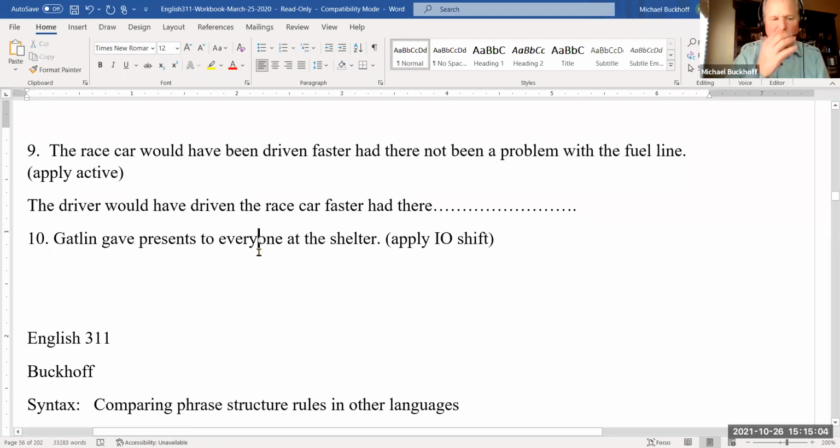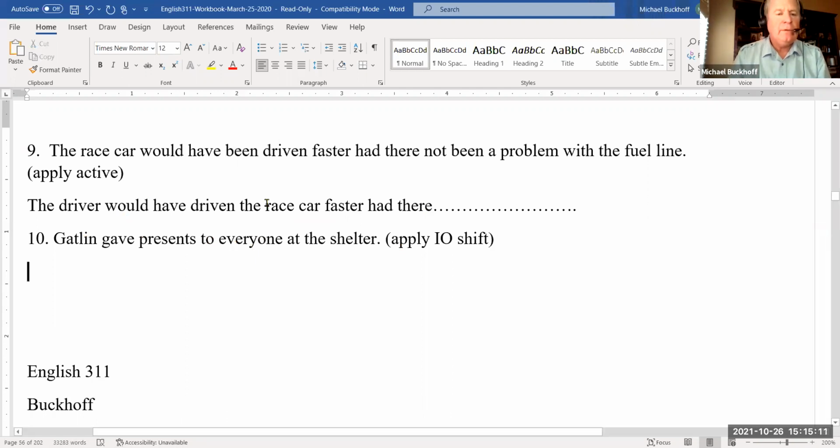And then the last one, IO shift here. It says Gatlin gave presents to everyone at the shelter. So we're just doing IO shift on this one. So you've got to change gears depending on your directions. We have to take the object of the preposition, which is what, and then place it directly after the subject. Gatlin gave presents to everyone at the shelter.